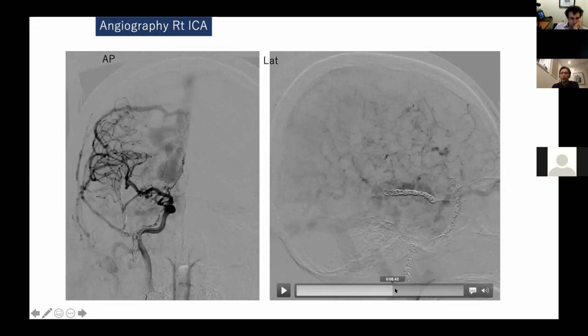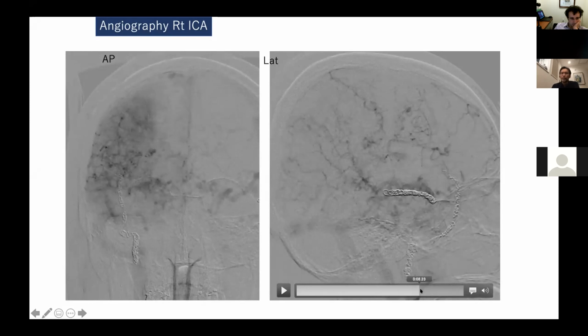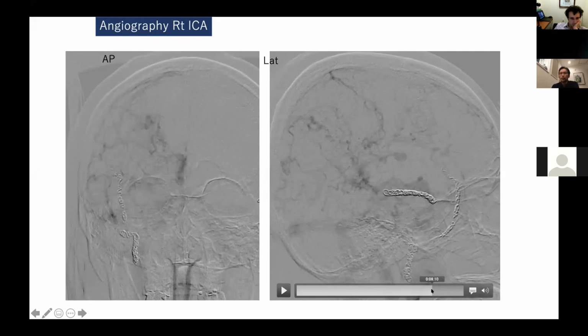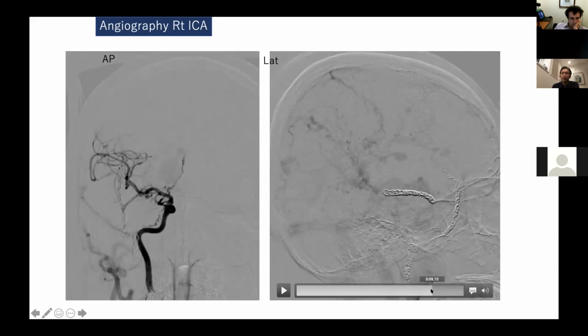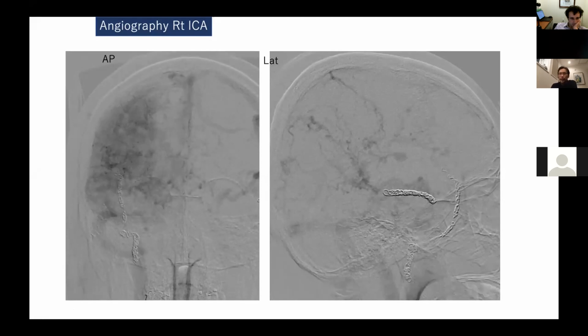And again, enormous venous congestion. The brain doesn't know where to drain out to. It's very difficult to tell exactly where the main drainage of the veins of the brain is in this kind of situation.